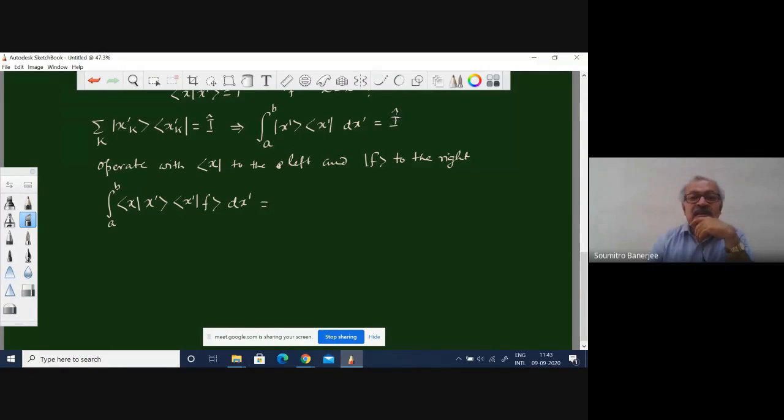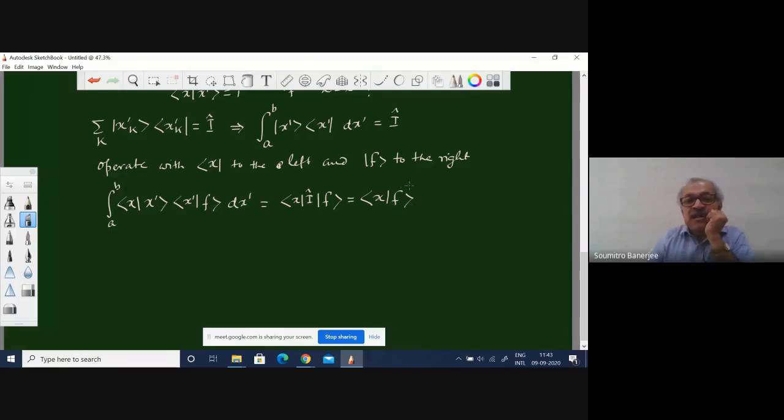Here it was I, therefore we operate with <x| on the left side and |f> on the right side. Now I operating on f is nothing but f, therefore we can write it as <x|f>. Okay, now what is this?